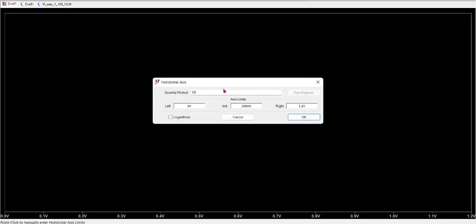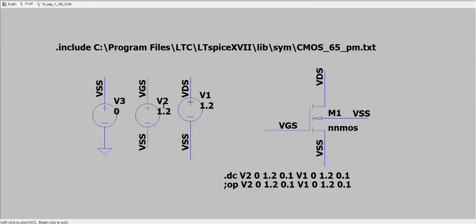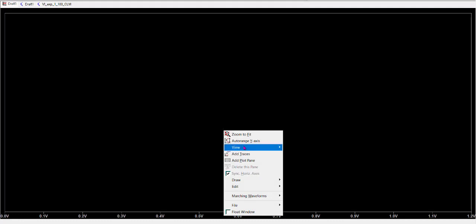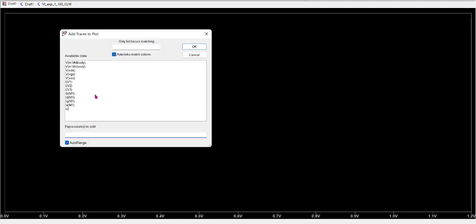Okay, now the x-axis that you see here is VGS. Okay, it is V2, so I can show you. V2 is VGS. Okay, so if you see here, this one VGS was V2. So the x-axis is VGS, and now I will plot the drain current of M1.